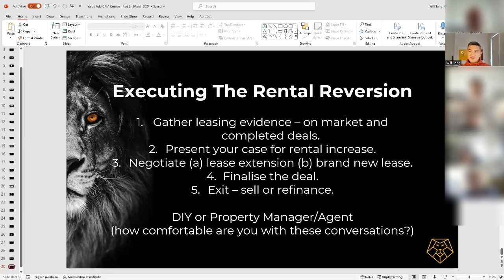I'm going to use all that evidence and write the tenant a nice email or letter and say, hey, look, we appreciate you leasing the property for the last few years. We'd love for you to stay, but time has come to revisit your rent, and we believe that the current rent for this property should be $200 per square meter. And here's a bunch of leasing evidence to support that.